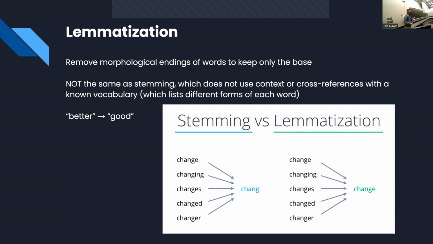So change is the lemma, and this is different from stemming, which is a more simplistic technique, you might say, where you would take the longest subsequence that begins the first character. If you look at the left-hand side of the figure and you see change, changing, changes, etc., the way you would get CHANG there as their stem, right, is you would start at the first subsequence and then you continue until you have a difference between all the subsequences.